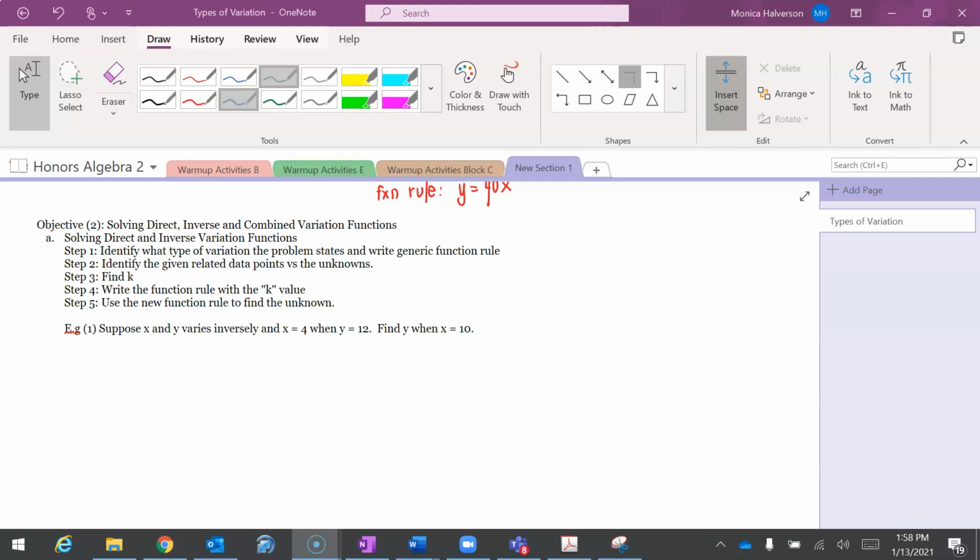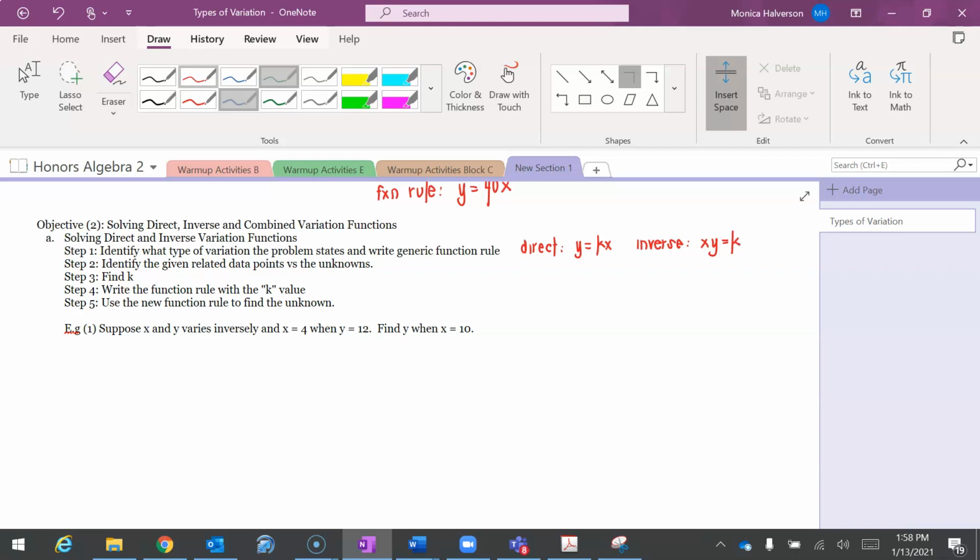So for example, step 1, you're going to want to identify what type of variation the problem states and write the generic function rule. So remember, if it's direct, the generic function rule is y is equal to kx. And if it's inverse, the generic function rule is going to be xy equals k. Once you've written that down, you're going to identify what's been given to you as the known versus the unknown.